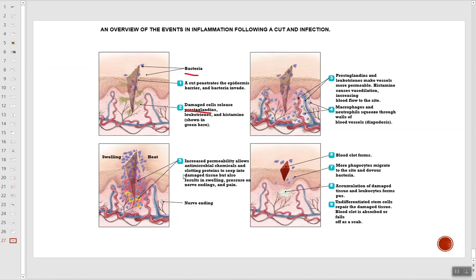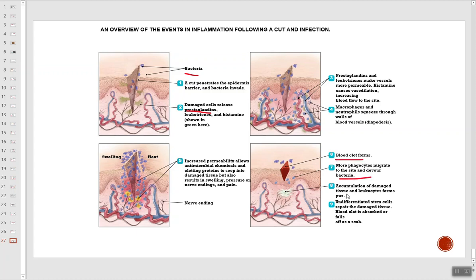We're going to get swelling because of all the tissue buildup, and it's going to press on nerves and it's going to hurt. But part of that is to keep us from using something that's damaged. That's why it hurts when you stand on something that's inflamed. It's supposed to. The blood clot we talked about, more phagocytes, we're getting rid of the bacteria.